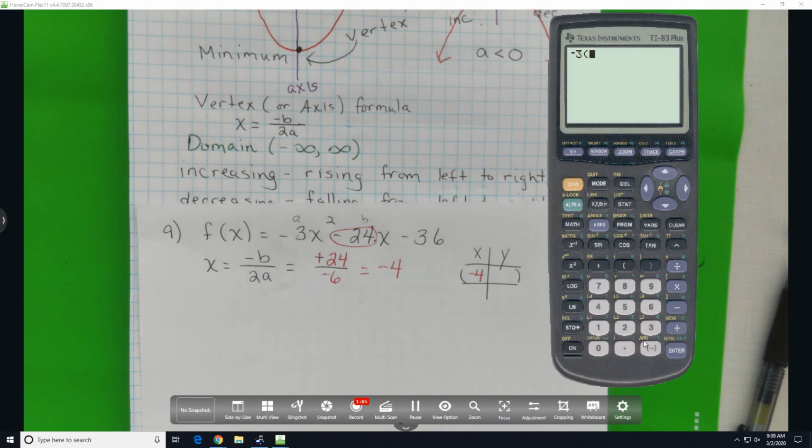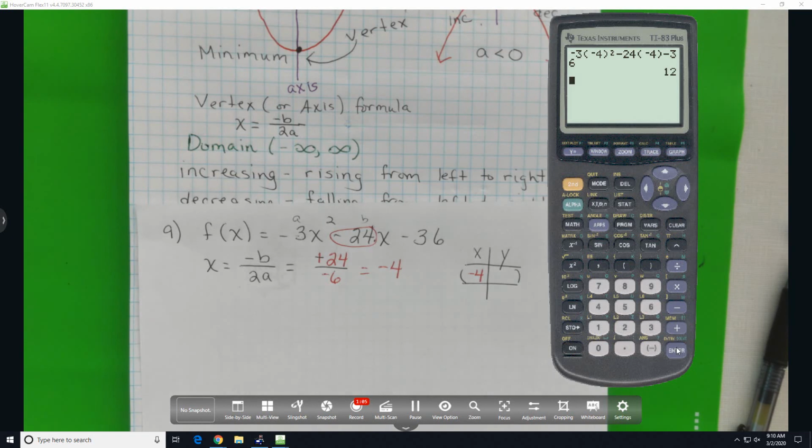Okay. So what am I doing? I'm plugging -4 in for x, okay? So I have -3, then, well, -4 squared we know is 16. So if you just want to say times 16, that's fine. Then a minus 24 times -4, and a minus 36. 12?